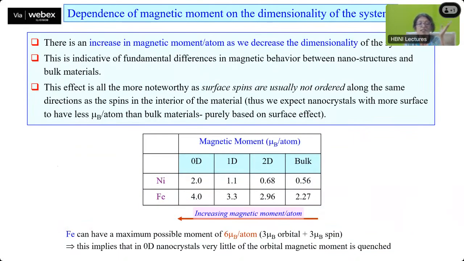Now, the dependence of magnetic moment on the dimensionality of the system. There is an increase in magnetic moment as we decrease the dimensionality of the system. This is indicative of a fundamental difference in magnetic behavior between nanostructures and bulk materials. Why does this happen? Because surface spins are usually not ordered along the same direction as the spins in the interior of the material.